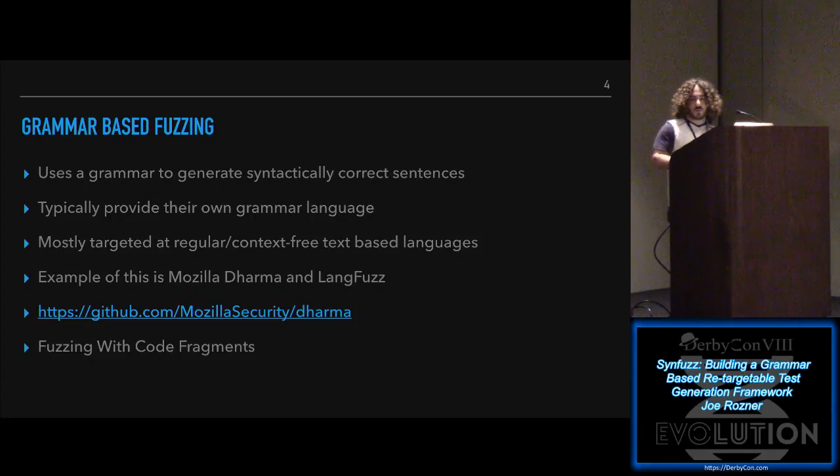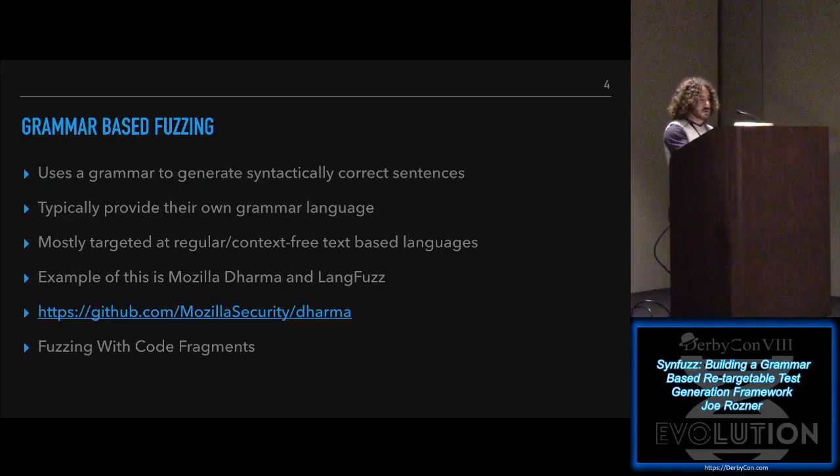So examples of tools that do this are Mozilla Dharma, which is an open source project that they use for testing browsers, so for HTML, CSS, JavaScript. There's also a really great paper called Fuzzing with Code Fragments that introduced a tool called LangFuzz, also out of Mozilla. This is not open source, and as far as I know, it's not available generally.